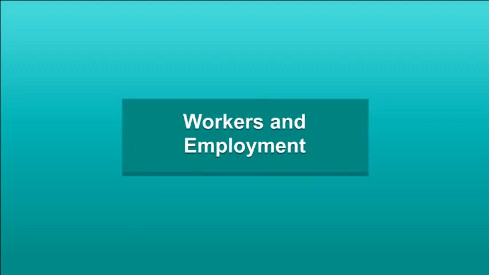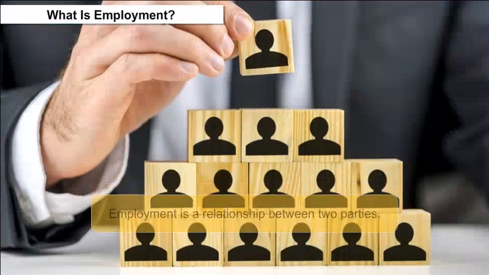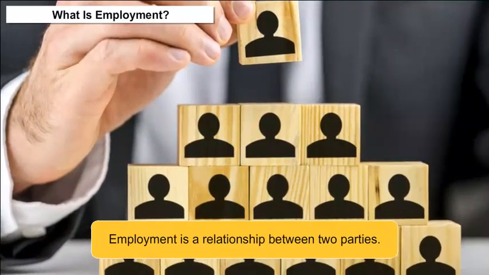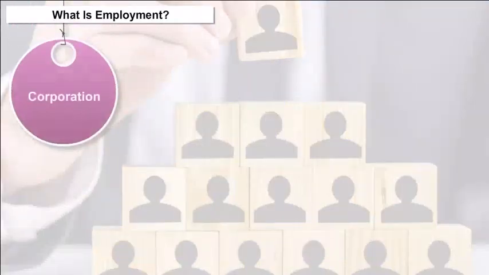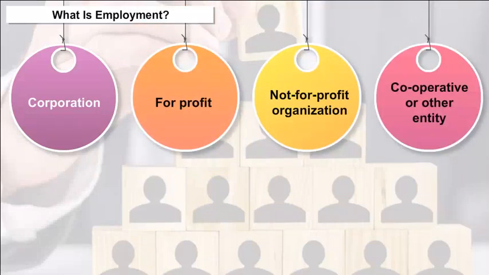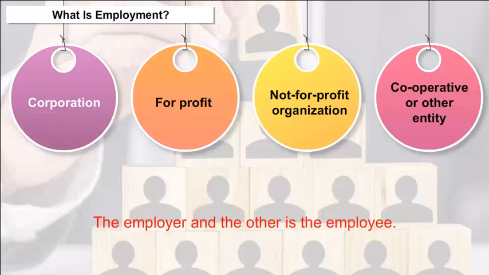Workers and employment. Employment is a relationship between two parties where one party, which may be a corporation, for-profit or not-for-profit organization, cooperative, or other entity, is the employer and the other is the employee.